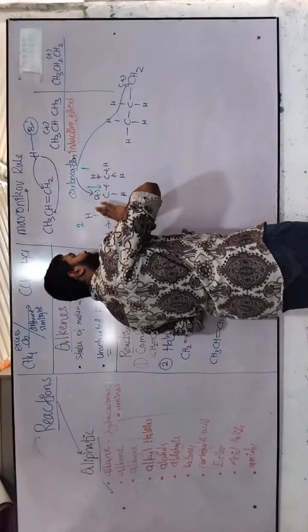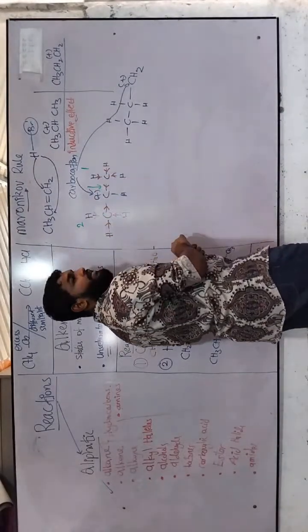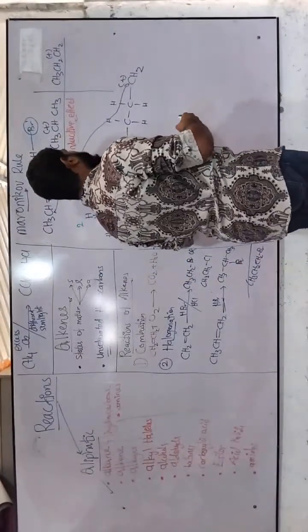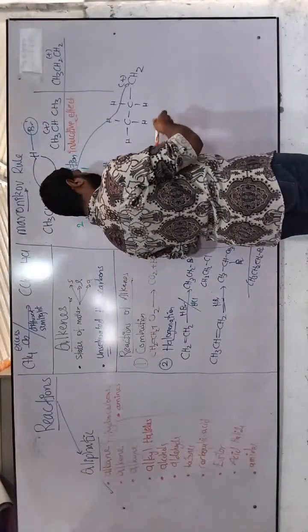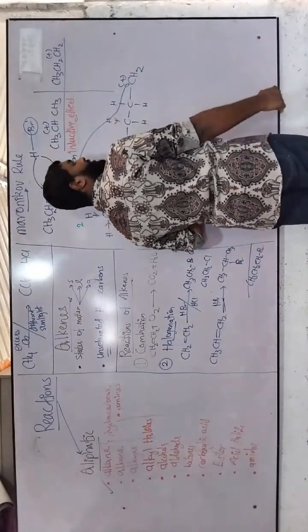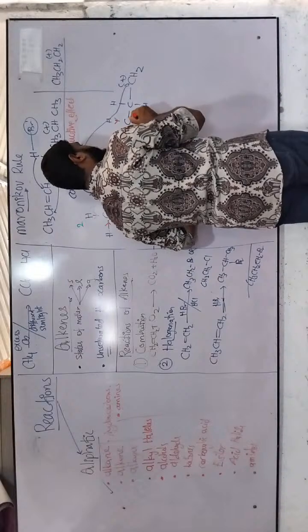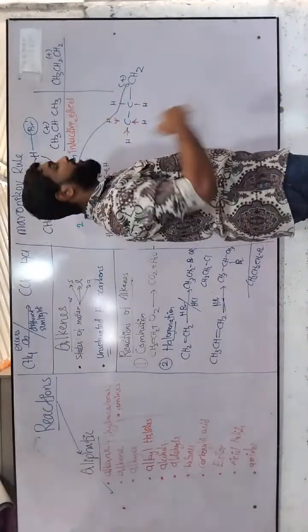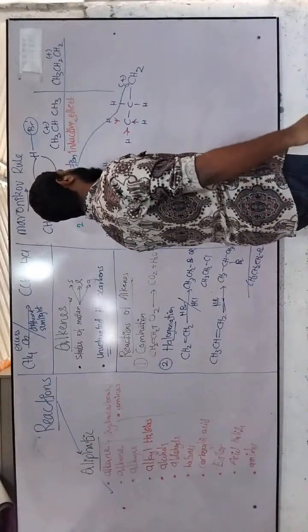So here you will have an inductive effect. At the same time, here also you have an inductive effect. Let's see over here. In this, you will have an inductive effect. In the same way, here also you will have an inductive effect from hydrogen to this carbon.